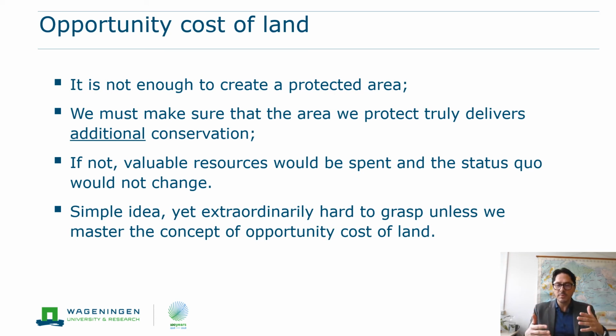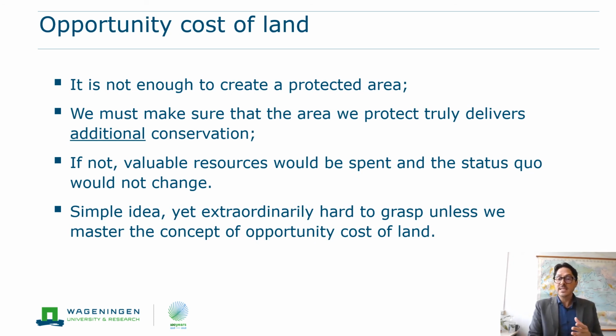It would be under conservation in any case, because it's not competing with agriculture. So if you make the effort of creating a protected area there, yes, you will spend some resources, but you're not going to get additional conservation, which is something that the Minister of Environment actually asks you to give. Additional conservation, increased protection of nature.